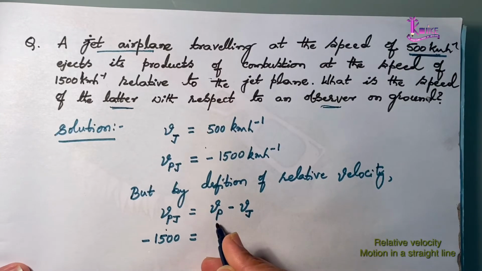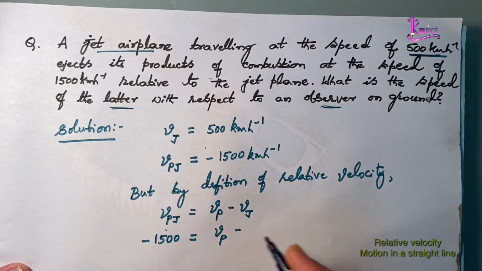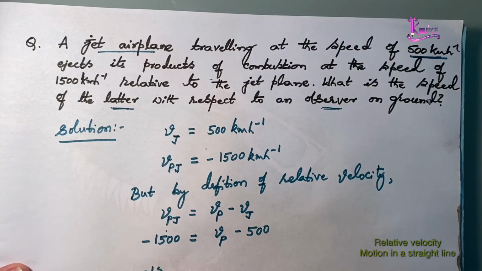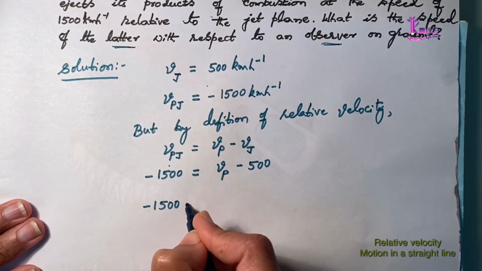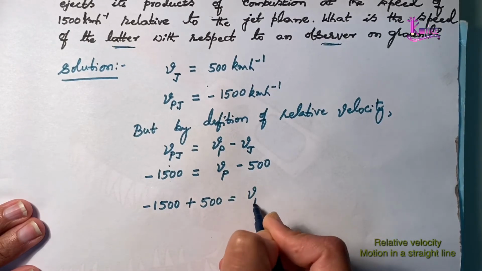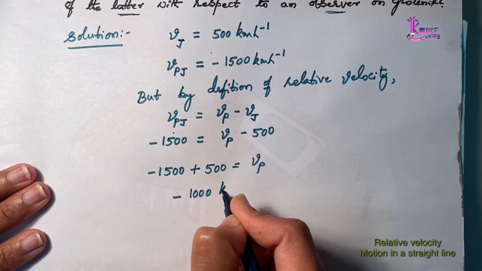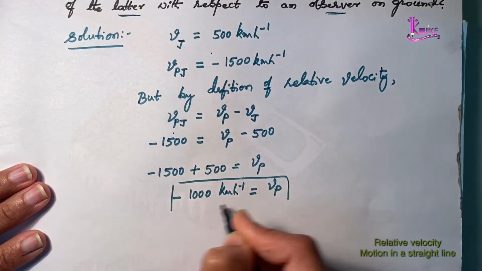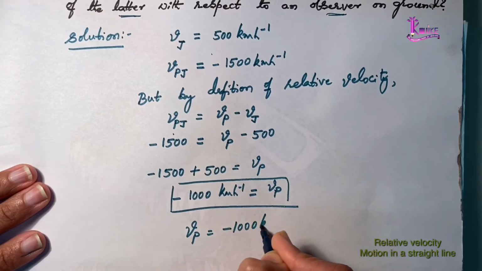This is equal to Vp, which we do not know, that is the velocity of the products that we have to find out, minus the velocity of the jet plane, which is given, that is 500. So, this will be minus 1500. If I bring it to the left hand side, minus becomes plus, this will be 500. So, Vp is minus 1000 km per hour. This is the velocity of the products.